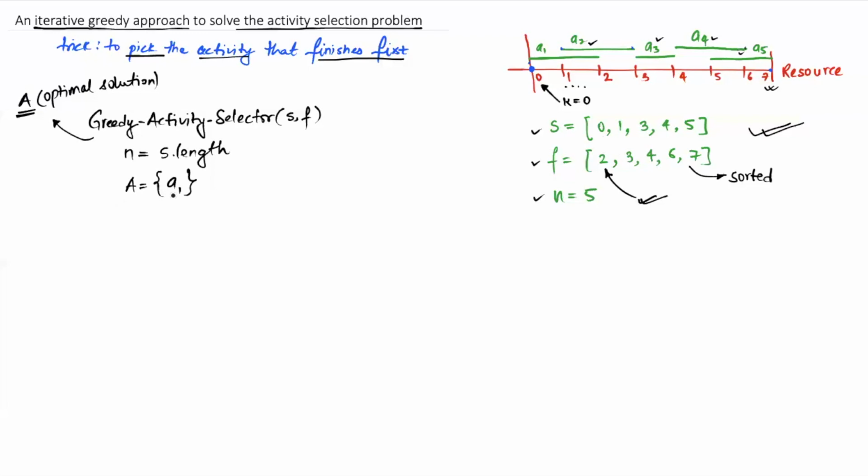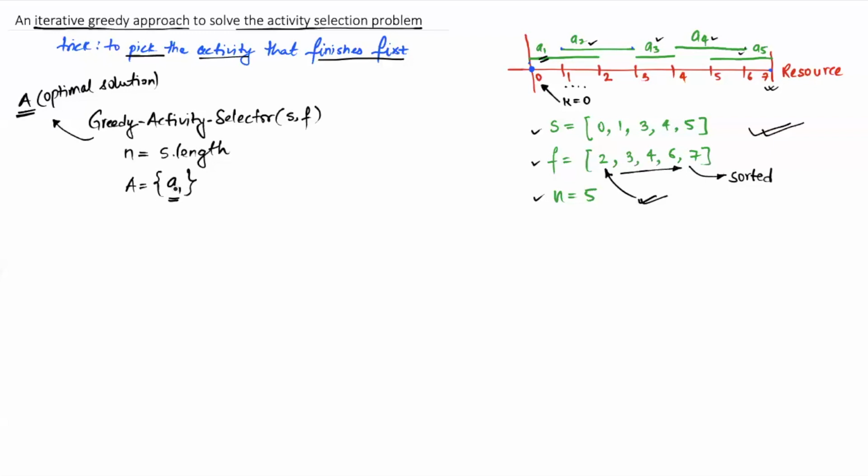In other words, if I have A1 as a part of my optimal solution, all I have to do now is go by the order of the finish time and keep throwing away all the activities that are incompatible with A1. As long as I throw away all the activities that are incompatible with A1, the next activity that's compatible with A1 will be a part of the optimal solution because they're already sorted by the finish time.